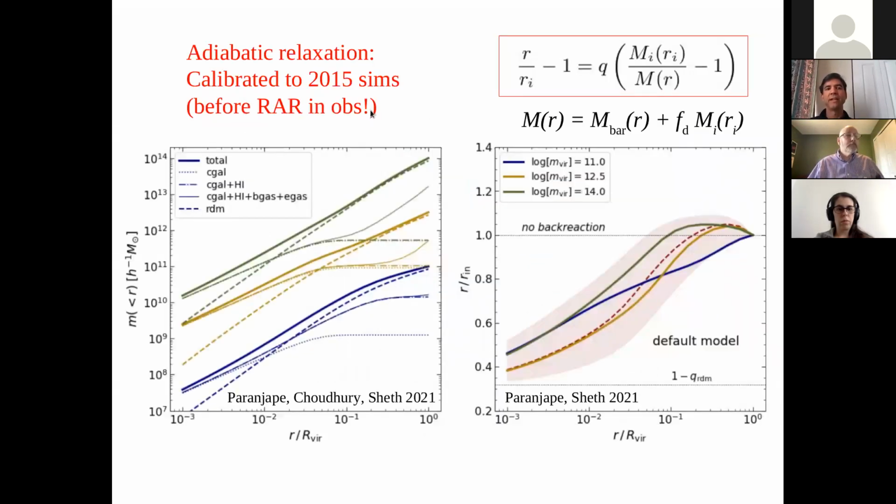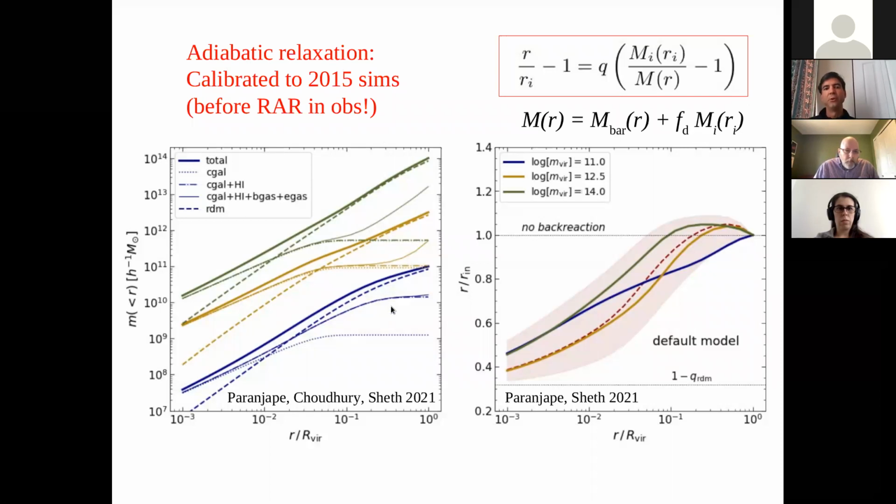They were calibrated back in 2015 on the basis of the abundance matching between stellar mass and halo mass, and then hydro simulations about what the baryonic gas that is still bound but not in the form of stars does. The panel on the left is showing you three different halo masses.